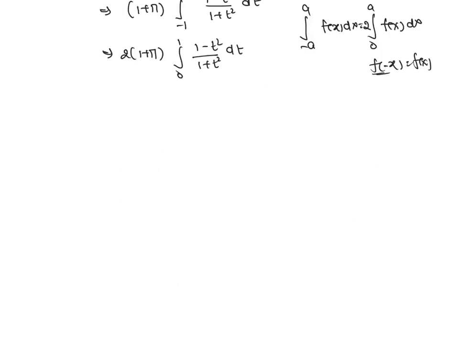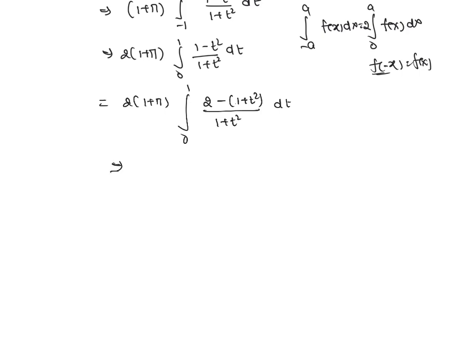Correct? Now further, this is 2 1 plus pi, 0 to 1. This we can write as 2 minus 1 plus t square divided by 1 plus t square dt. 2 minus 1 is what? Minus 1. So 2 minus 1 minus t square.